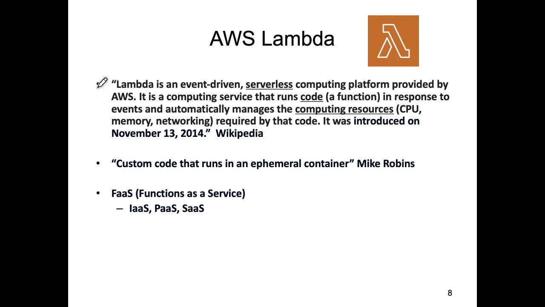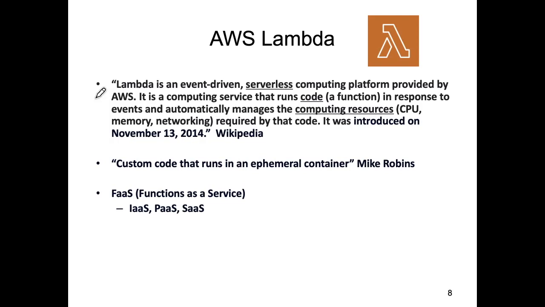And what we deploy to the Lambda service is essentially just a function. We can deploy units at that scale, rather than in the server-oriented world, where what we deployed was an entire application. We would deploy an entire application onto an EC2 instance as one unit.